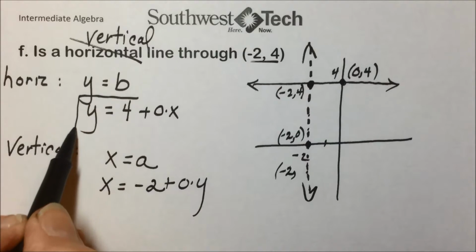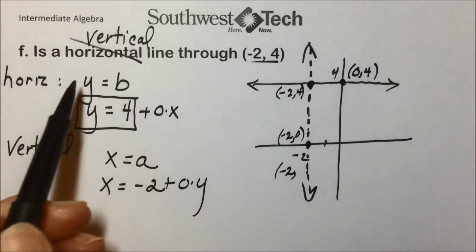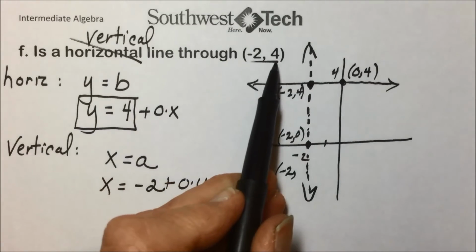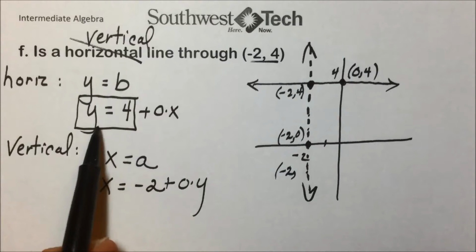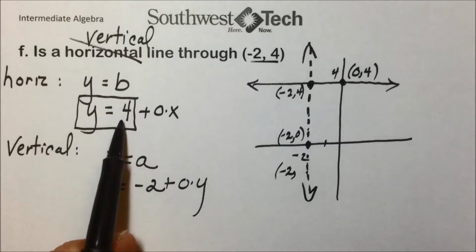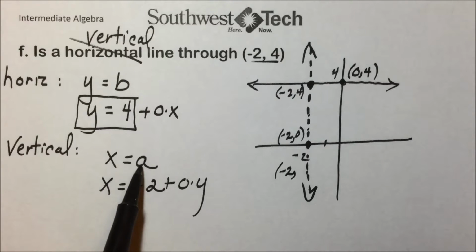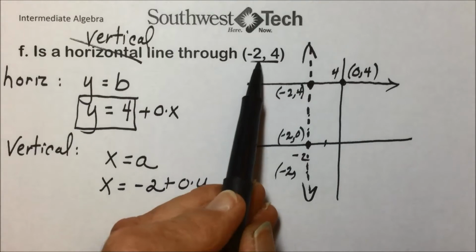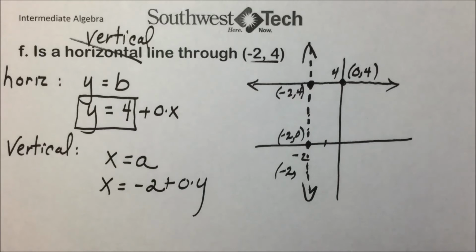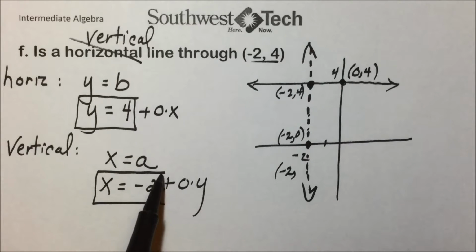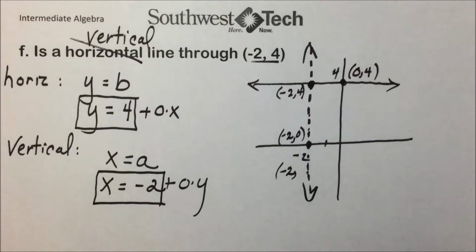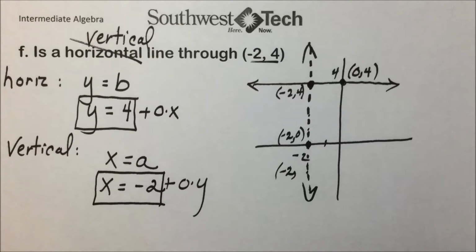So to answer the original question, if we have a horizontal line through a point, it will be y equal b. In this case, it was y equal 4. If we have a vertical line, the standard is x equals a, where that a is actually the x component of the given point. And so had the question been vertical, we would have answered the equation x is equal to -2.